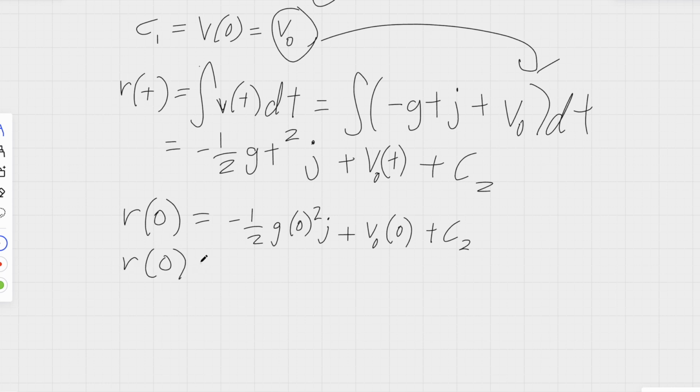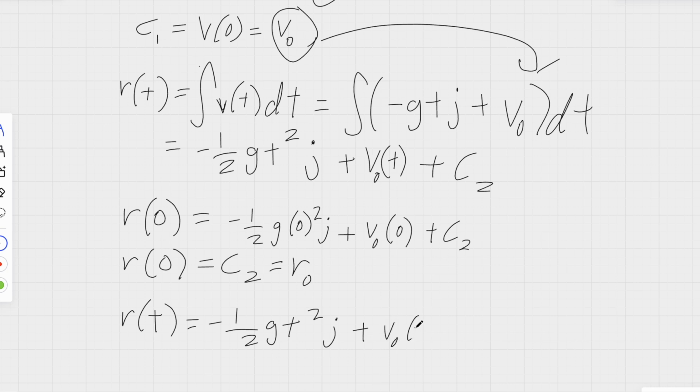So here we get r of 0 equal to c sub 2, which is the same thing as r naught, which is the initial position. So our final position function or vector will be negative 1/2 gt squared j plus v naught t plus r naught.